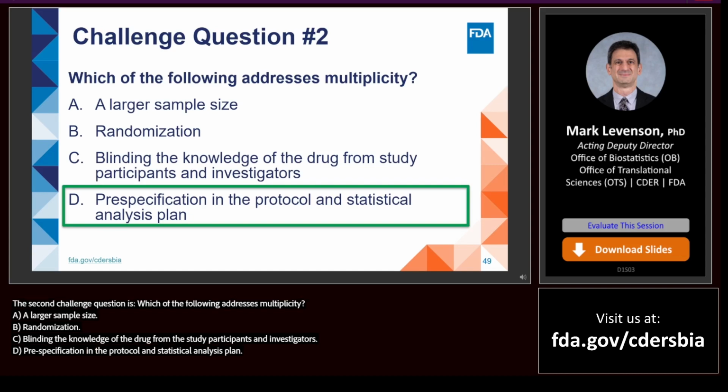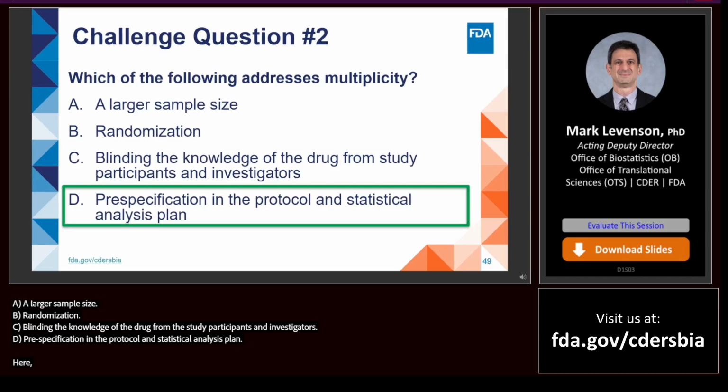Here the answer is pre-specification in the protocol and statistical analysis plan. We talked about multiplicity, that if you look at enough things, you're going to see something statistically significant. So pre-specifying what you're primarily interested in will avoid that issue.